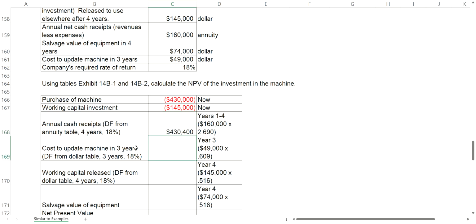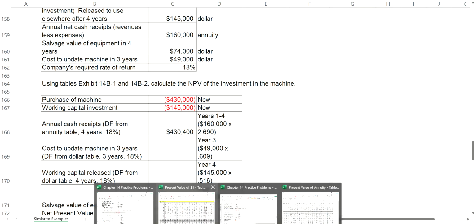Now that update at the end of year 3, that $49,000, is a one-time payment in year 3 of $49,000. So we'll use the dollar table. Now I know the machine has a 4-year life, but this is going to happen at the end of year 3. So I'll go to the dollar table, look up year 3 and cross-reference it with 18%.